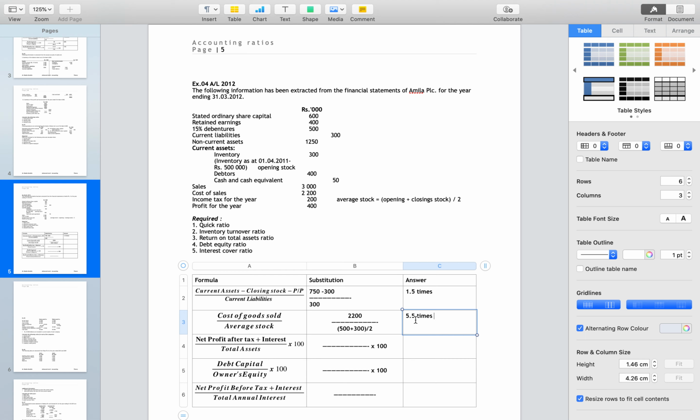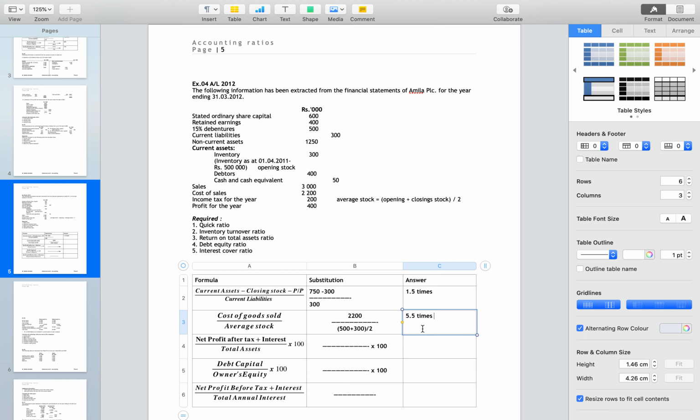Inventory turnover ratio, what does that explain? Remember, inventory turnover, as you can see over here, we have got our answer as 5.5 times. It means in a given financial year, the number of times that you're selling your stock is what is explained through an inventory turnover ratio.